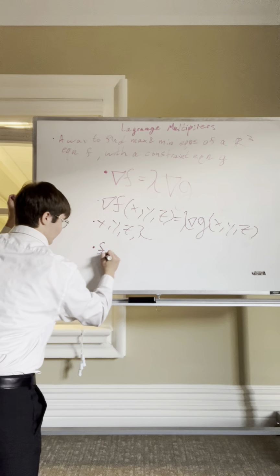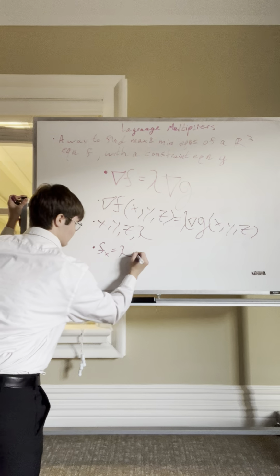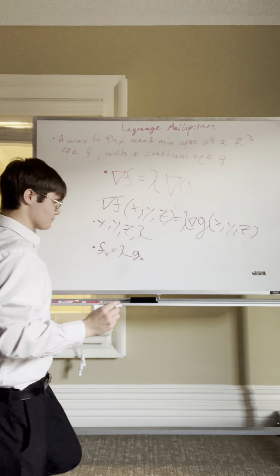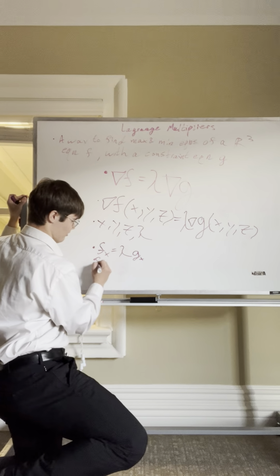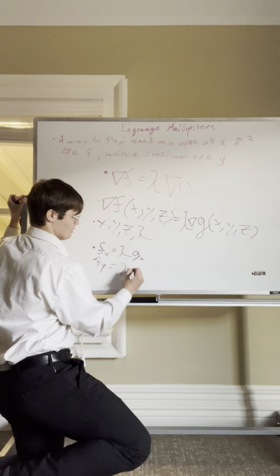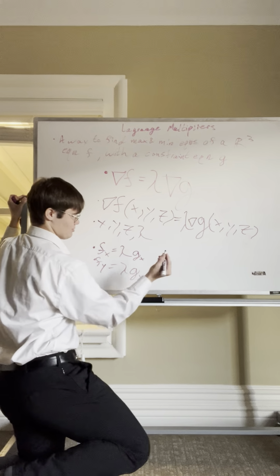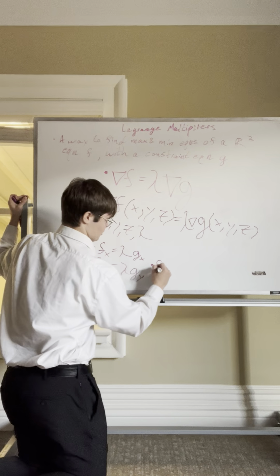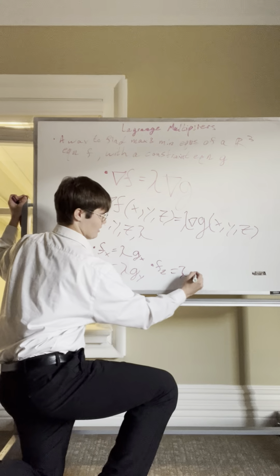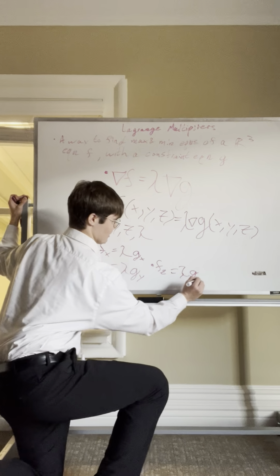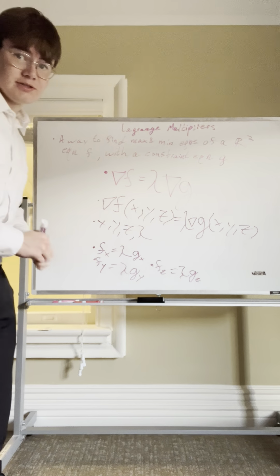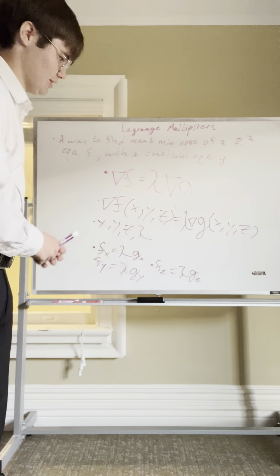Partial derivative of f with respect to x equals lambda times partial derivative of g with respect to x, and it's just like that for every other one as well. Partial derivative of f with respect to y equals lambda times partial derivative of g with respect to y. Partial derivative of f with respect to z equals lambda times partial derivative of g with respect to z.